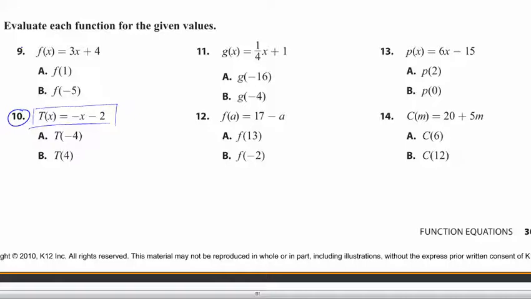Okay, easy, right? T of negative 4, this will be equal to whatever you have x into your function, you will plug in negative 4. Now be careful, right? Because your function is negative x, but now my x is negative 4, right? Negative of negative 4 minus 2.